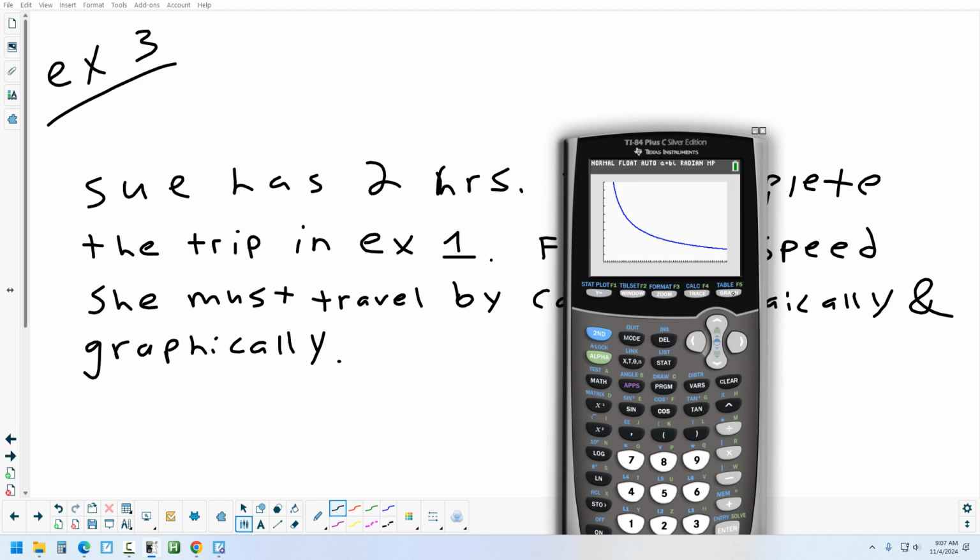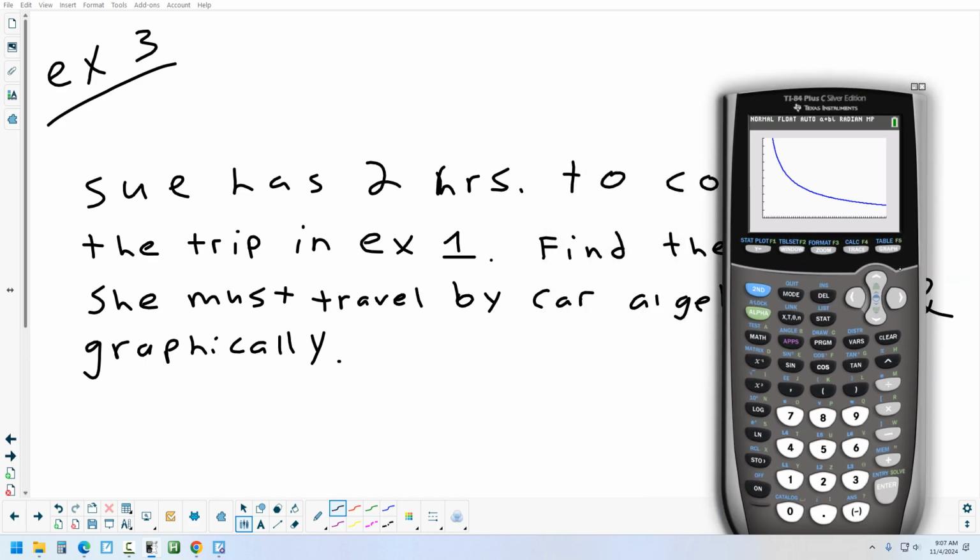How am I going to mark that on the calculator? Would you just make it a line? Yeah, just go to y equals and put a line in at 2, and that's going to give me a mark at 2 hours. So right there is exactly the time for 2 hours.